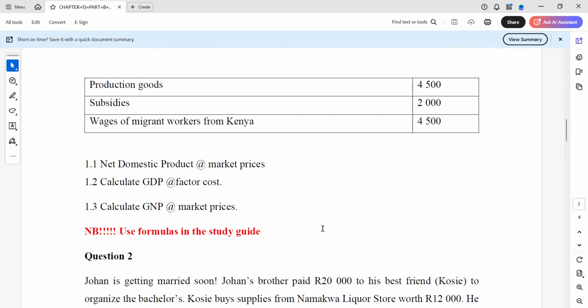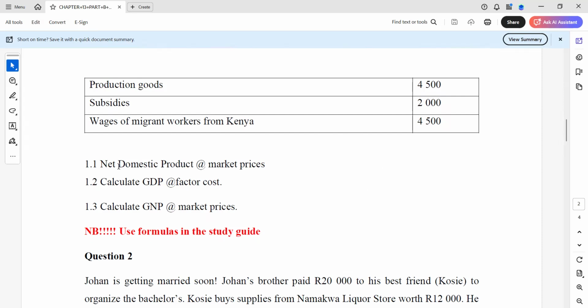So obviously the gross is your salary and it hasn't been touched. It's the total amount that you're supposed to be earning. And then the net is the gross minus something, then you get the net salary. So same thing here.